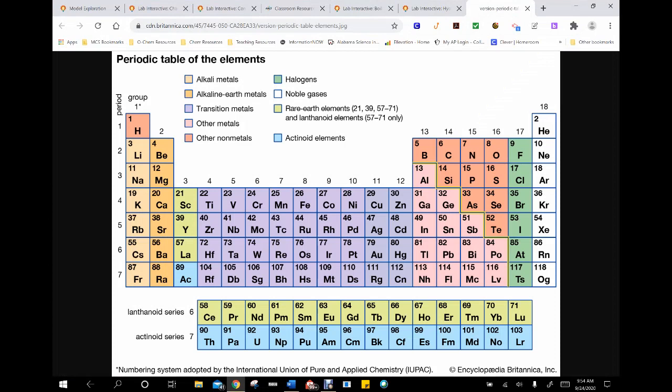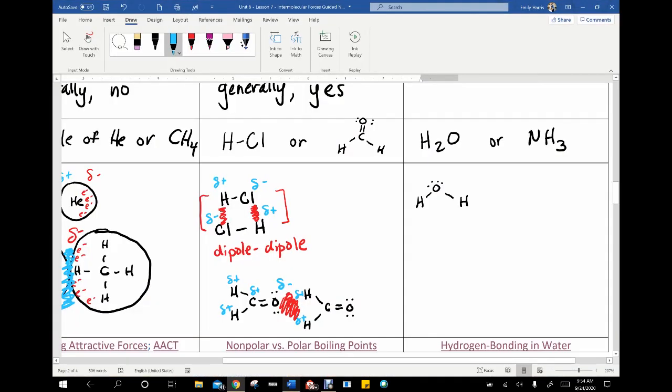Now what that means is that these are the most electronegative atoms. And so the more electronegative, the better they are at pulling electrons to themselves. So this creates a really large partial negative on oxygen, fluorine, or nitrogen. On the flip side, what that does is create an equally large partial positive on the hydrogens.